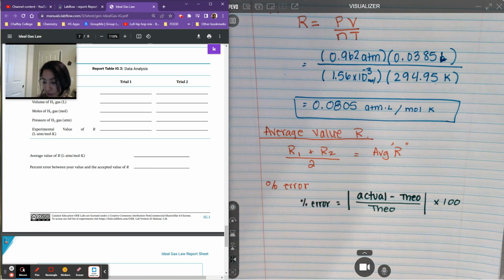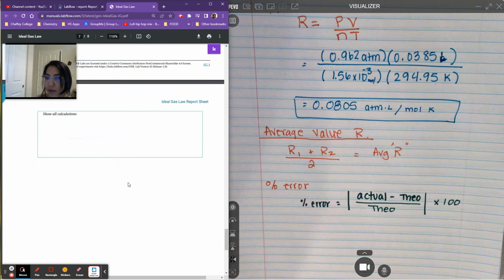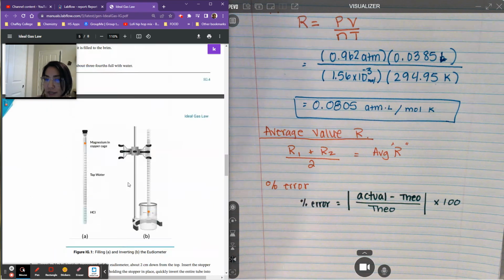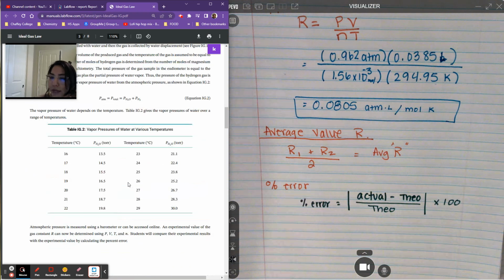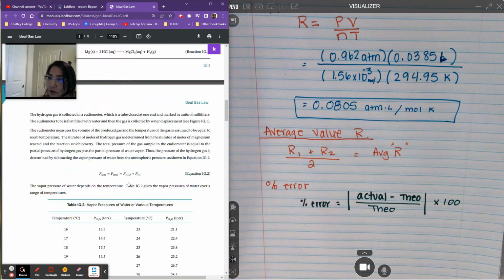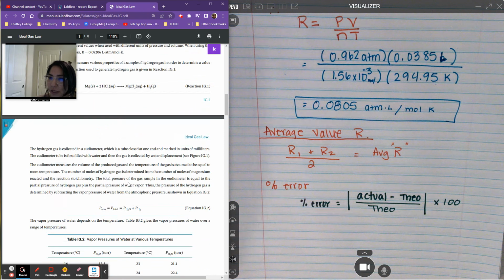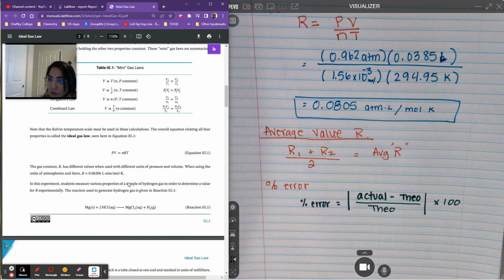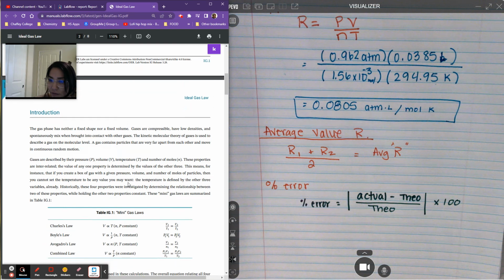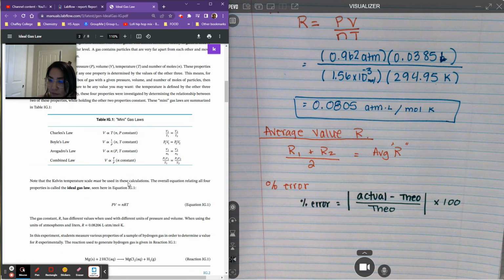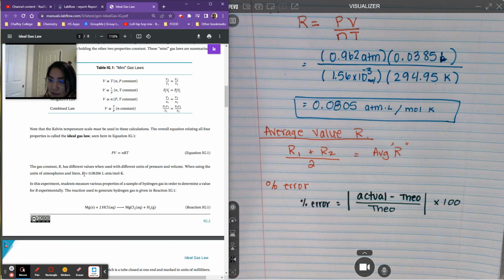Now your theoretical value, that's your R value that we kind of look up. What is our R constant? It should be listed up here. If not, you guys should know it from our gas laws. It's like 0.081, I believe. See if we find it here. Oh, here it is. So this is our theoretical value. And let's go ahead and write that down.